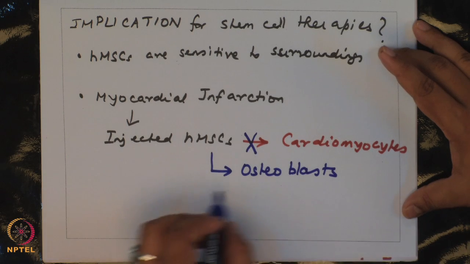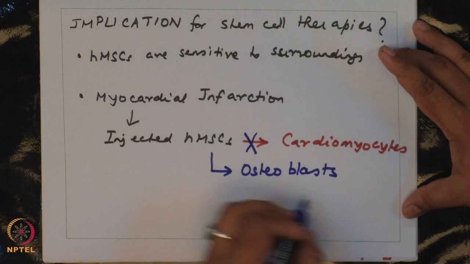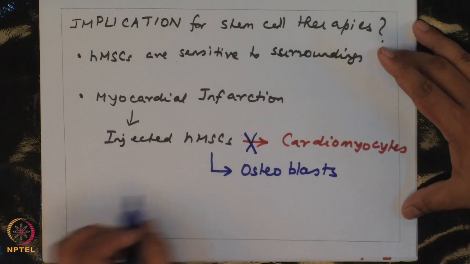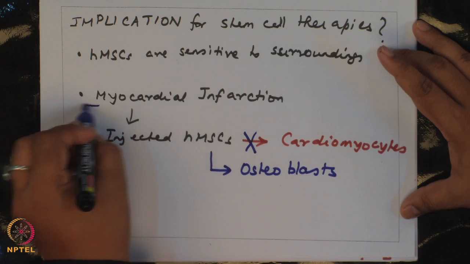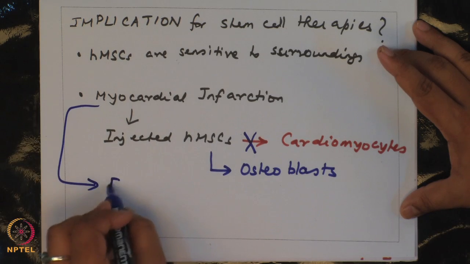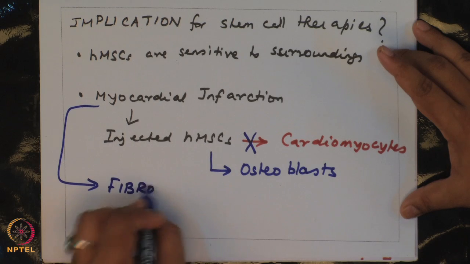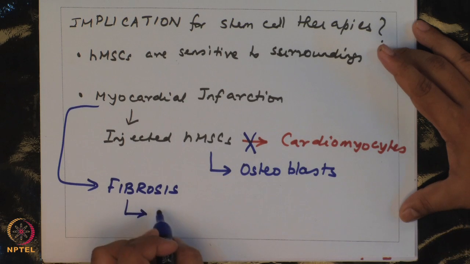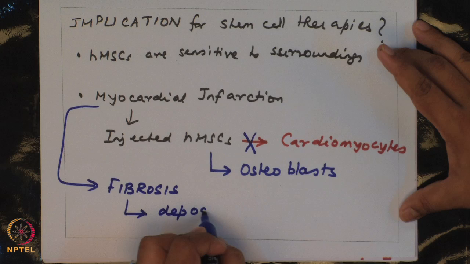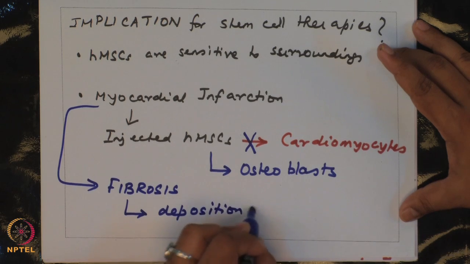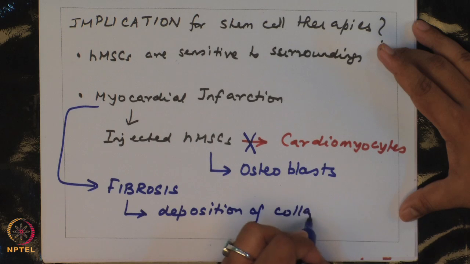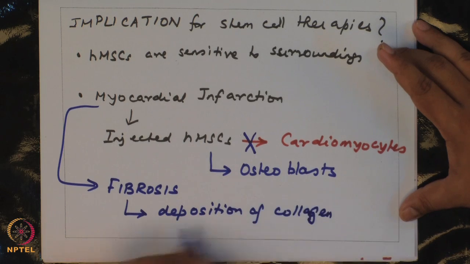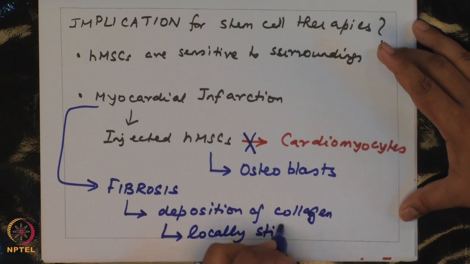The reason the cells differentiated into osteoblasts was that whenever you have myocardial infarction, you have fibrosis. Fibrosis is a lot of deposition of collagen, which would locally stiffen the matrix.